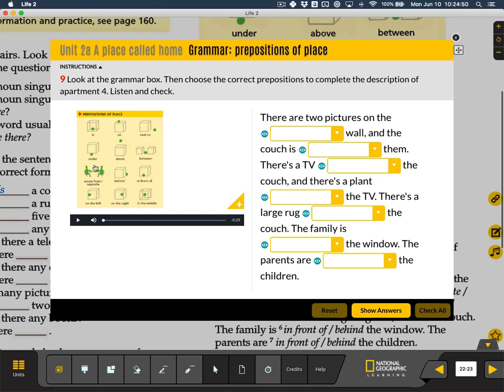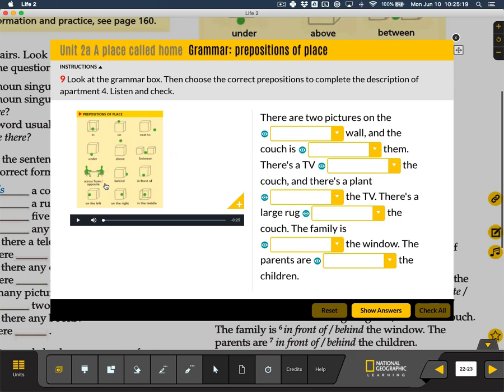For example, over is not touching. And above is also not touching, right? Above, over. If you're touching, then it's on. Exactly, right? So, I don't want to get into that because those extra meanings are important, but not right now. We can learn those another time. Is that okay? Okay.